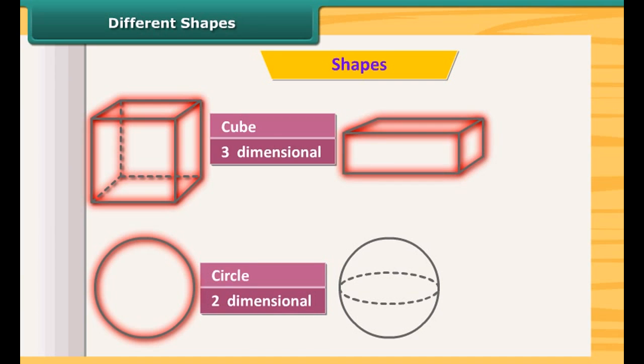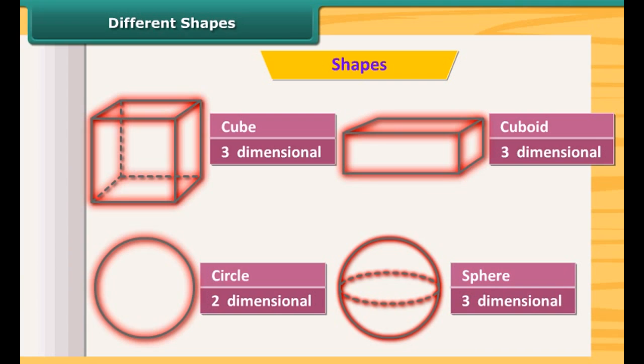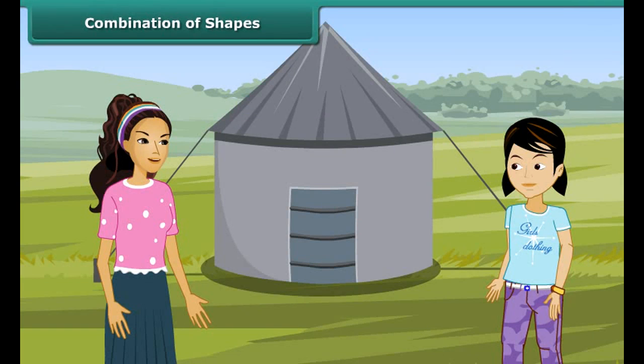This is a cylinder. This is also three-dimensional. This is a triangle and this is two-dimensional. Circle, two-dimensional. This is a cuboid and is three-dimensional. And this is, is it a sphere? Yes, this is a sphere and is three-dimensional.